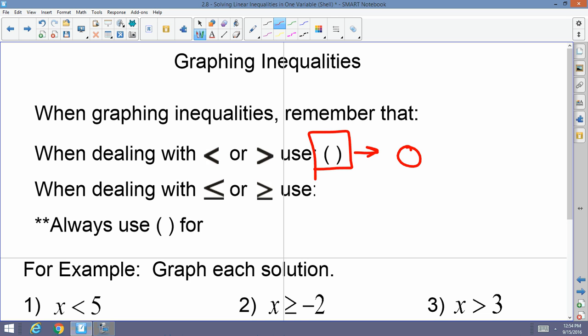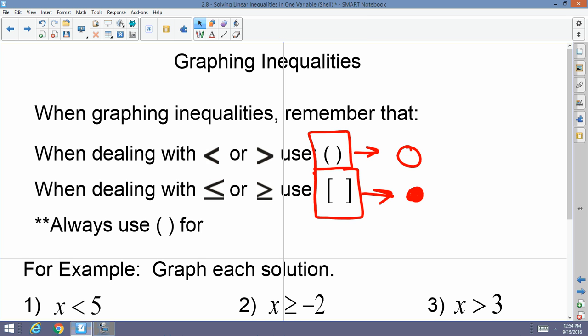When dealing with less than or equal to or greater than or equal to, you want to use, just like interval notation, a bracket. I know that back in middle school, you probably used a closed circle, which is fine, but let's get more professional, and it will be brackets. And again, as always, you're always going to use parentheses for plus or minus infinity.